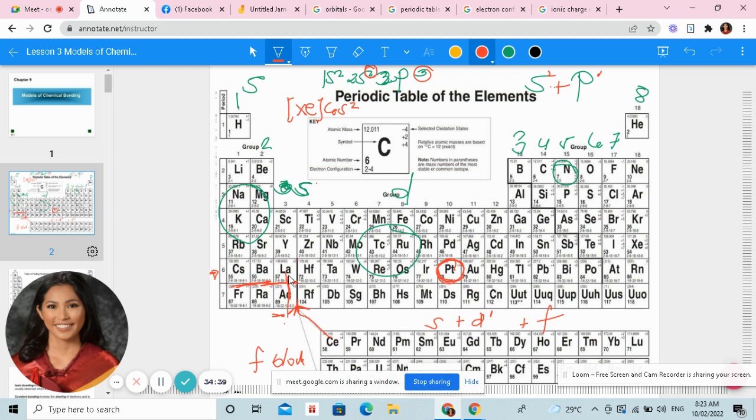So 5d9, then 4f 13, 1 2 3 4 5 6 7 8 9 10 11 12 13 14.